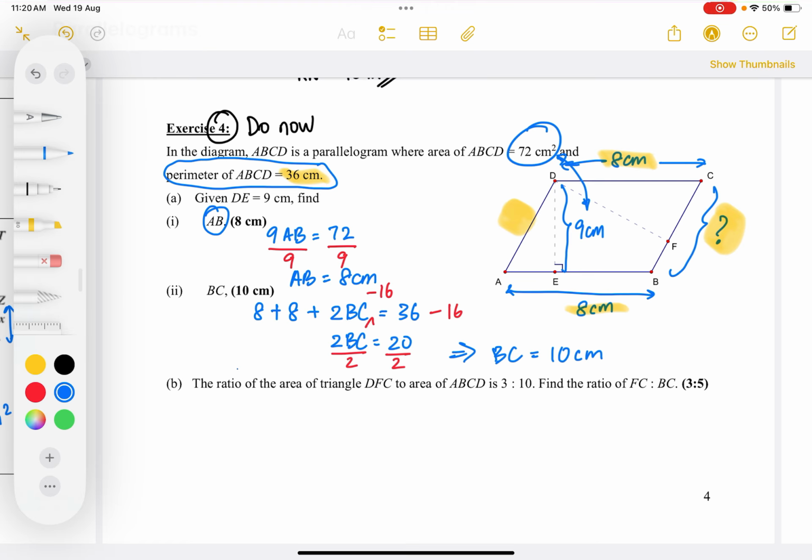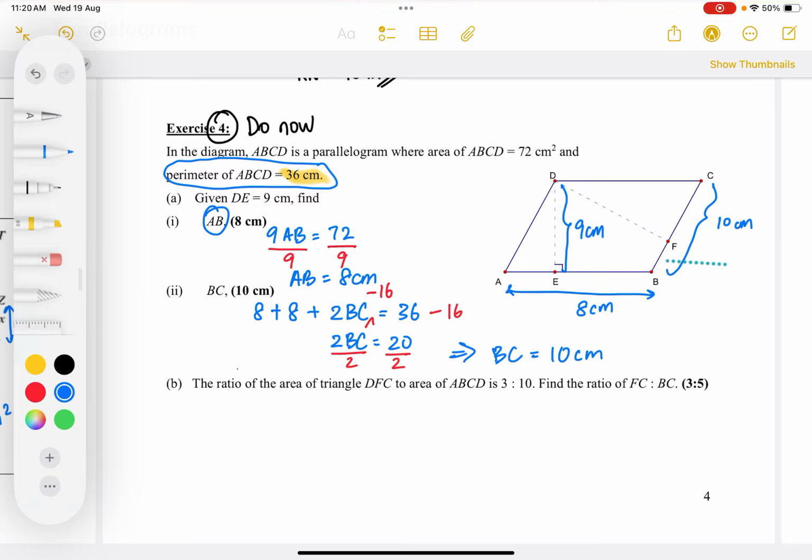Finally, we move on to part B. They tell us that the ratio of area DFC. So let's clear some of these things. Put in the information that we found. This is our 10 cm.